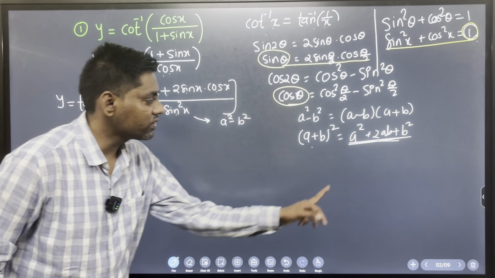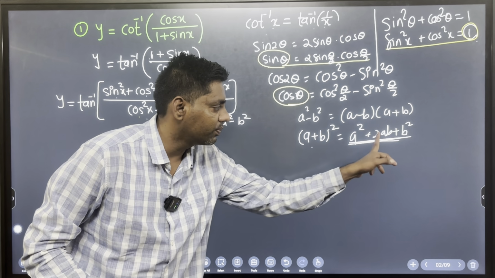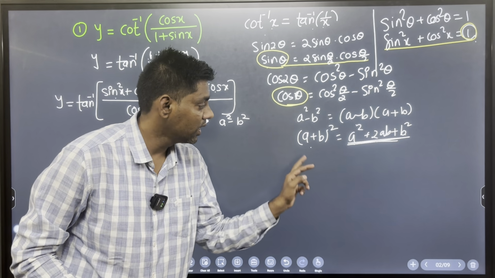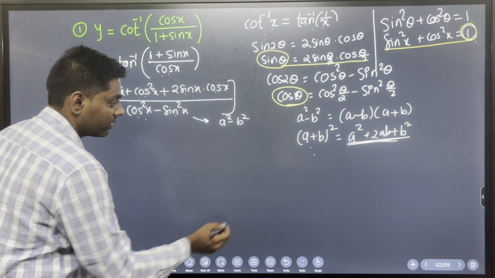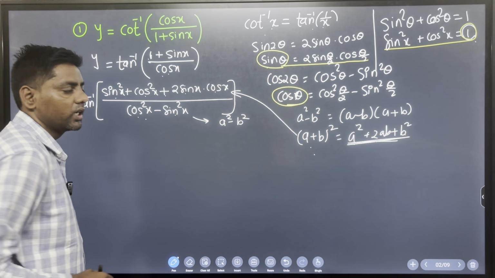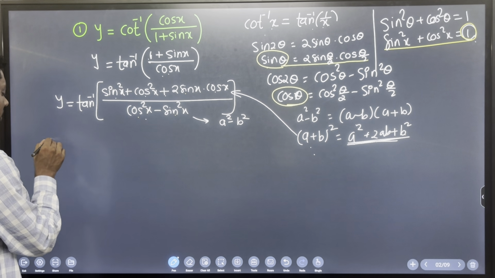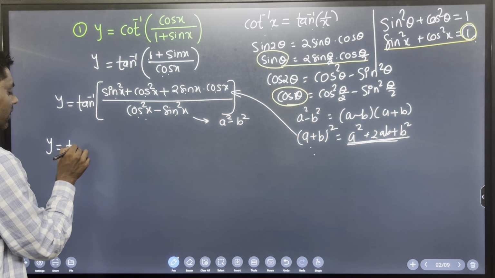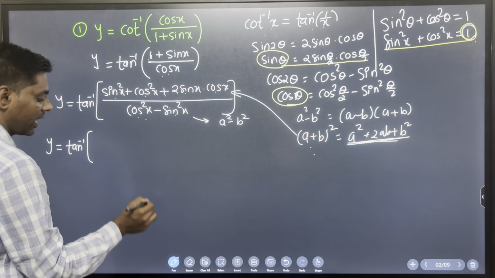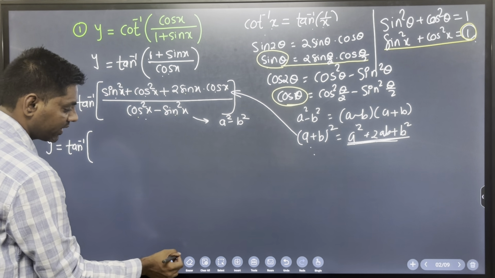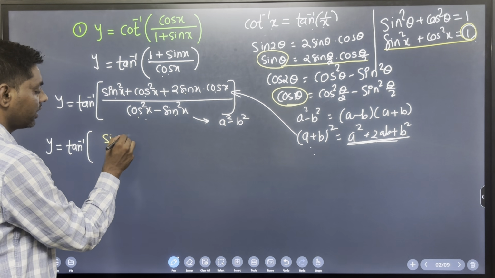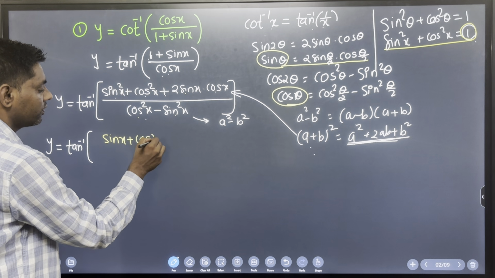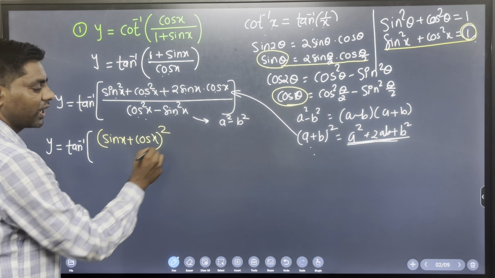And what is the answer of this? a square plus b square plus 2ab is the bracket square of the addition, (a plus b) square. So using this in the numerator, we complete today's question. Now y equals tan inverse of the bracket. What do we get as the answer? Very simple: (sin x plus cos x) square.